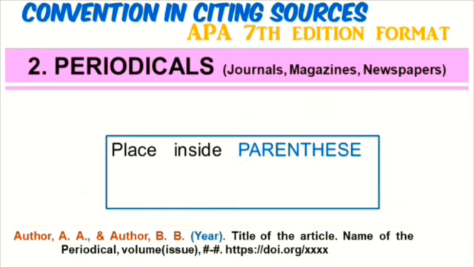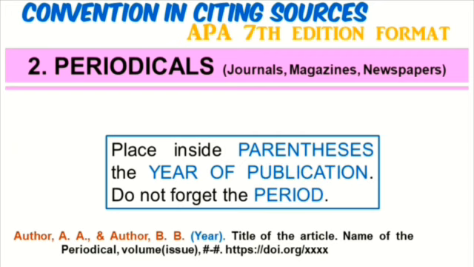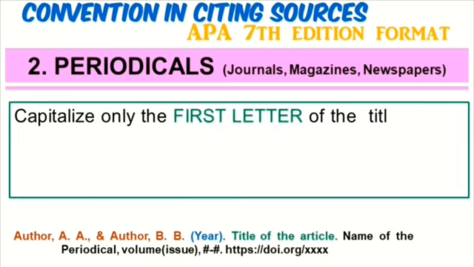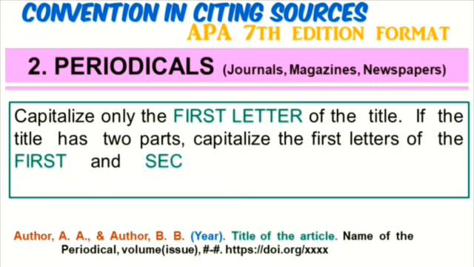Place inside parentheses the year of publication. Do not forget the period. Capitalize only the first letter of the title. If the title has two parts, capitalize the first letters of the first and second parts.